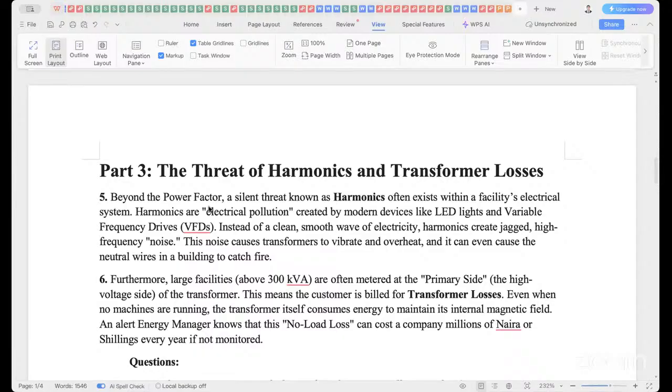And like you said, it can even cause a neutral cable to catch fire. It can cause unnecessary noise in the transformer, and that will even lead to overheating. And a neutral cable can catch fire in the building. So harmonics is one of the things that one needs to look at, as it might be causing unnecessary noise and pollution within the system.